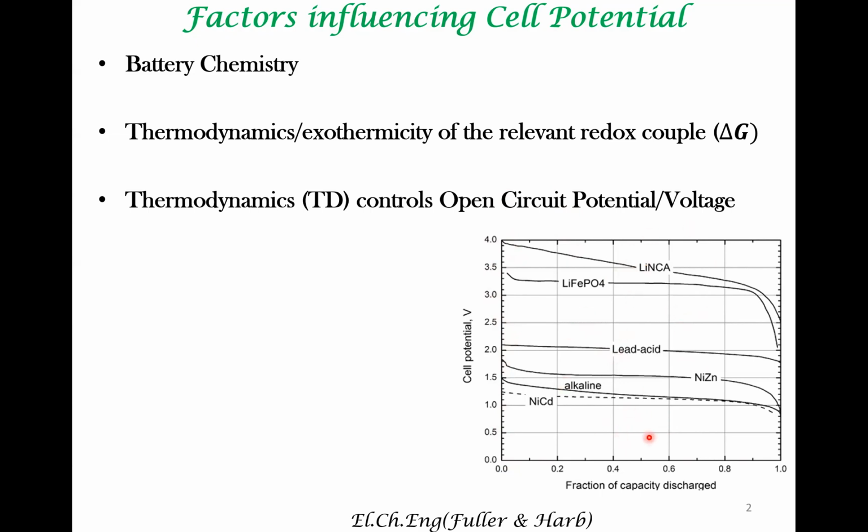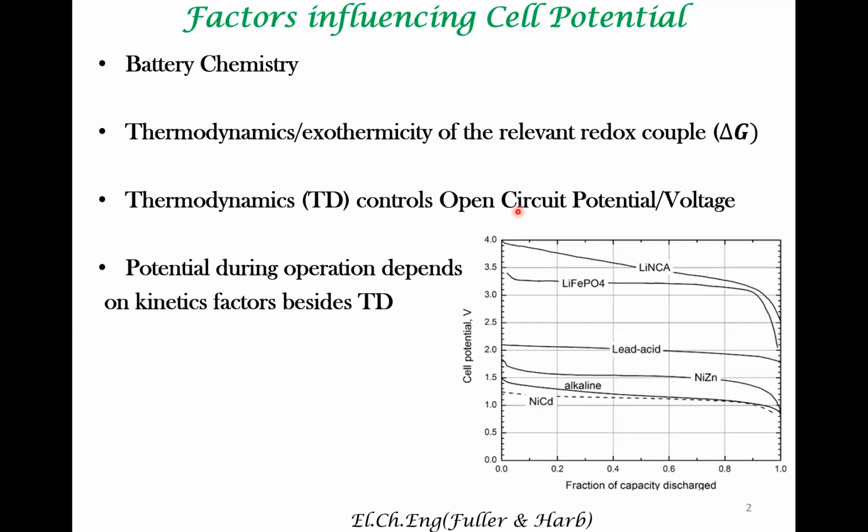Even when you have a battery that is 50% discharged, let's say, you can still measure the open circuit potential, but this voltage refers to open circuit voltage at full capacity.